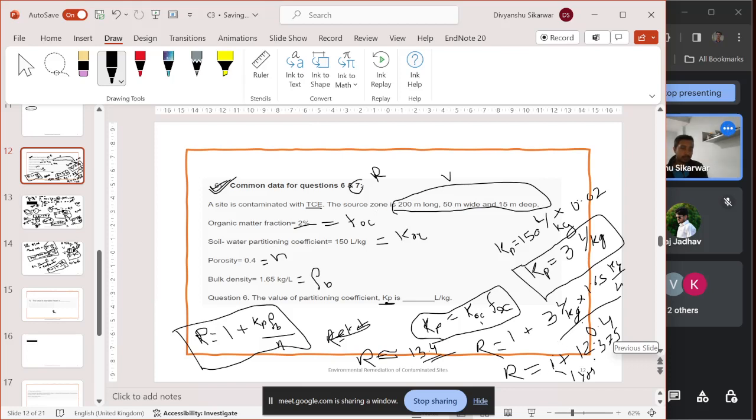Because of adsorption of this TCE, there will be 12 times more time required for the removal. If it was only dissolved form, it would take only 1 year, but because of the adsorption, it will take 12 more years, a total of 13 years.